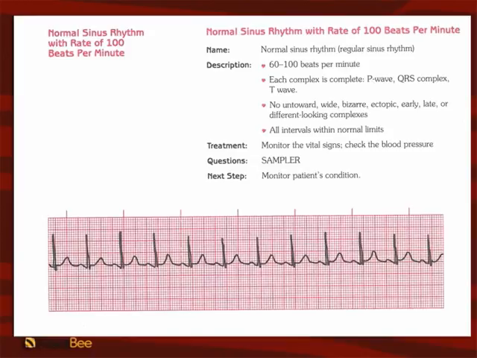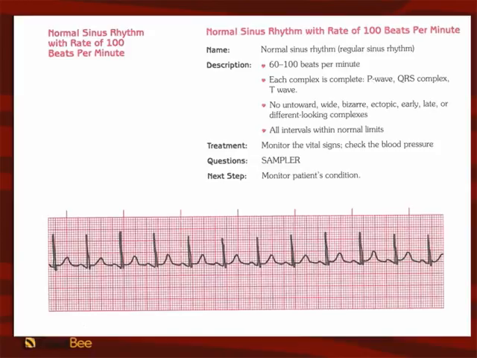And when you do that, you'll come up with a number. You'll find that the rate does fall within the 60 to 100 beats per minute. So that is within normal sinus rhythm. You'll look at it and you'll notice that each complex is complete. It does include a P wave, which makes it sinus.